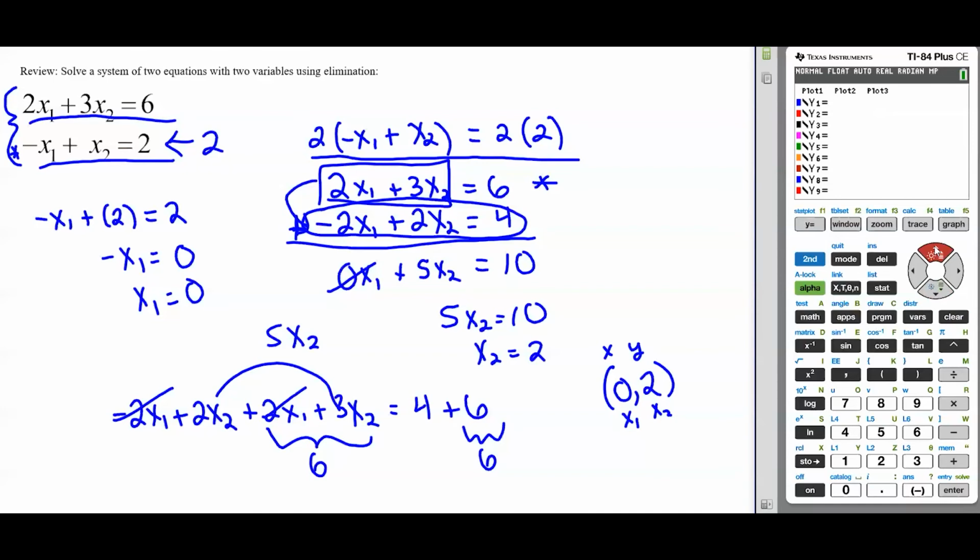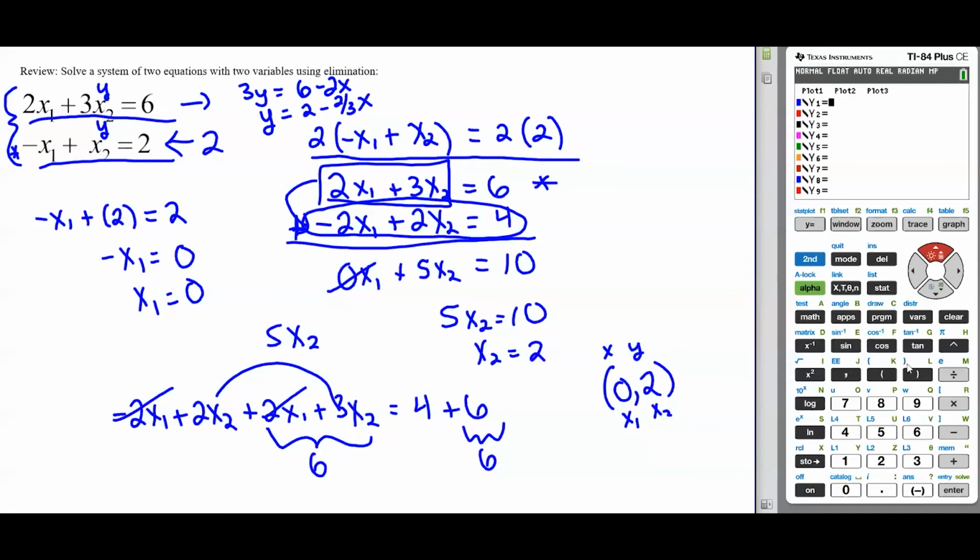Okay. So when we're thinking about these equations, remember this is y, right? x2 is y. So if we solve this for y, this equation would be what? 3y equals 6 minus 2x, divided by 3, 2 minus 2/3 x.